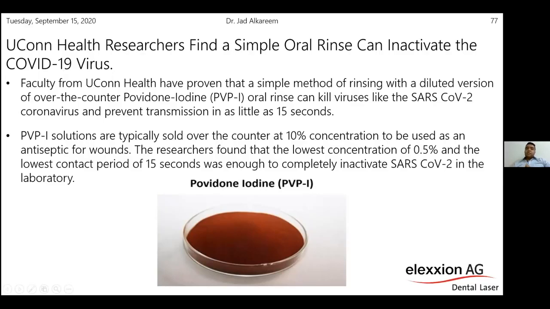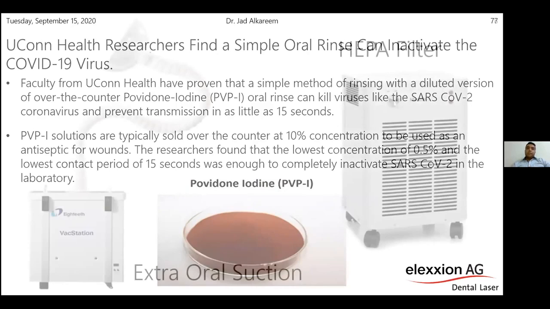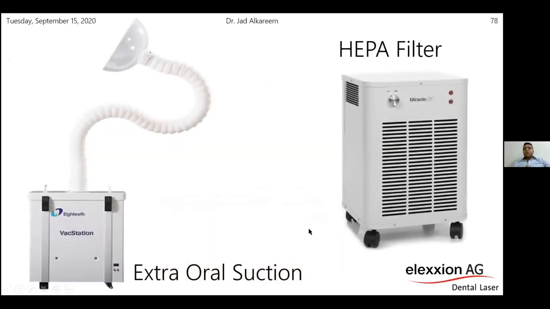This way can help you prevent some of the high infection risks in the clinic. You can also use an extraoral suction or a HEPA filter in your clinic. These kinds of devices will help you reduce the infection risk at your clinic from the patient to the dental assistant or the dentist.